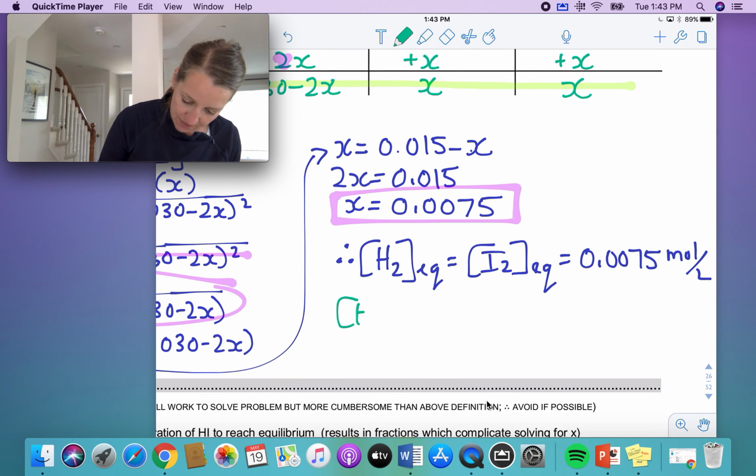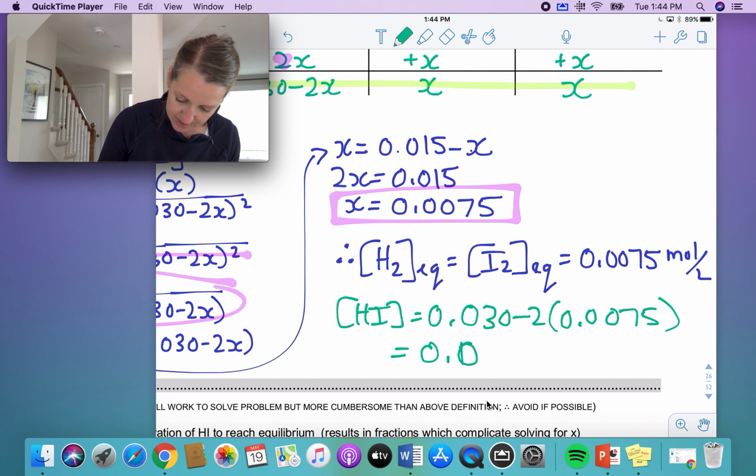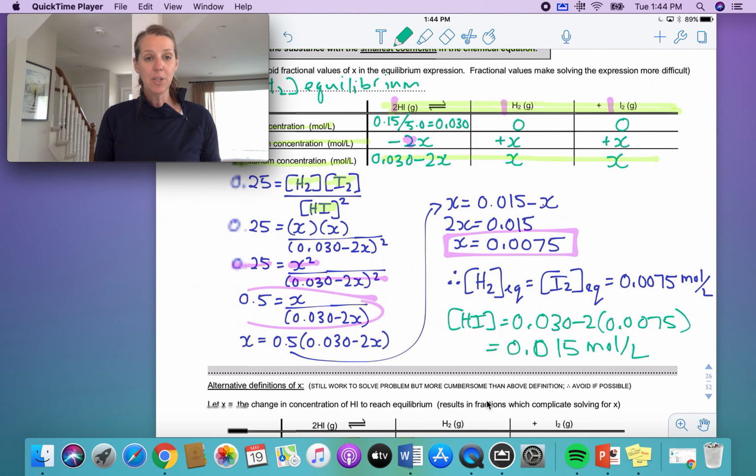And if I want to figure out the hydrogen iodide concentration, I now plug it back into the equation, 0.030 minus 2, put in your X value, and the concentration of the hydrogen iodide is 0.015 moles per liter.